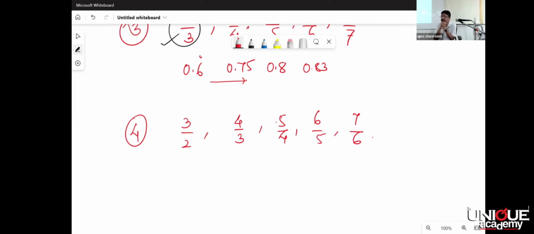Let me tell you, when you look at all the fractions, you realize all are improper, with a constant difference of 1 between numerator and denominator in each. When all are improper fractions with a common difference between numerator and denominator, the fraction having the greatest numerator as well as denominator is the smallest one. Because of that, it is 7 by 6.